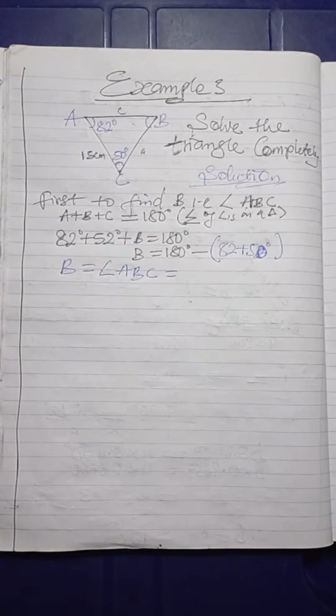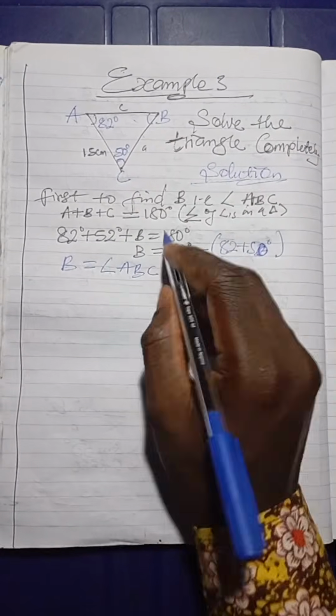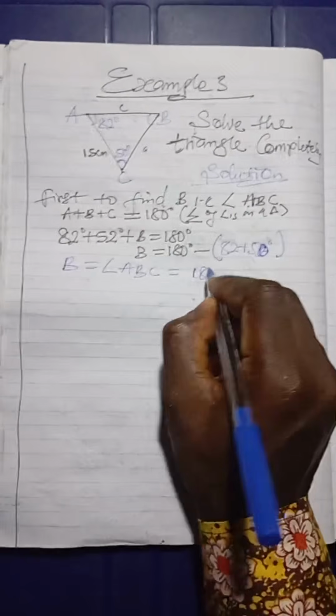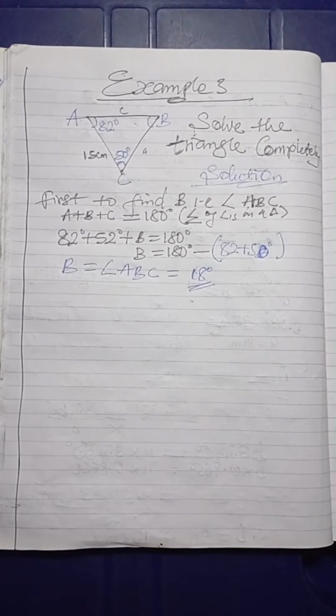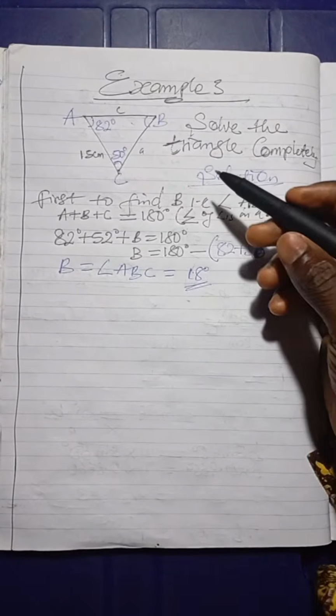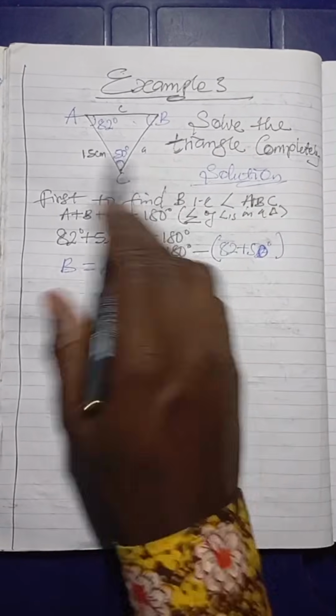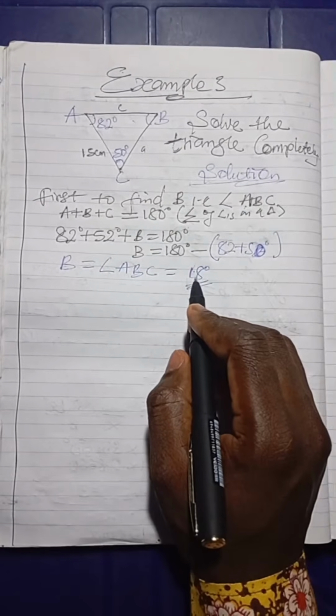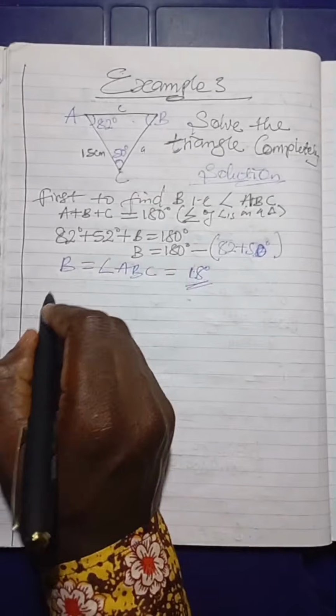When you subtract from 180, 180 minus 132, we have 48 degrees. Let's proceed. If B is 48 degrees, remember we have found B. Let's solve for a.